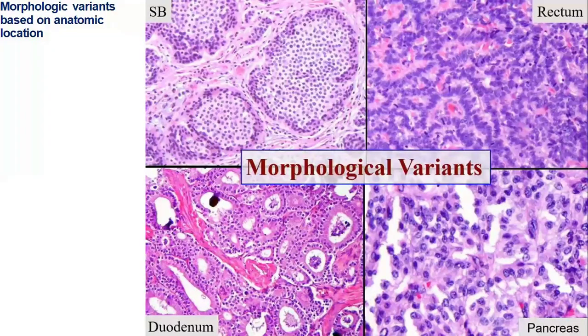It is very important to know that there are multiple morphological variants of the neuroendocrine tumor in accordance with the anatomic locations. These morphologies become much more significant and paramount whenever we are dealing with a metastatic lesion and we do not know where the primary tumor is located.